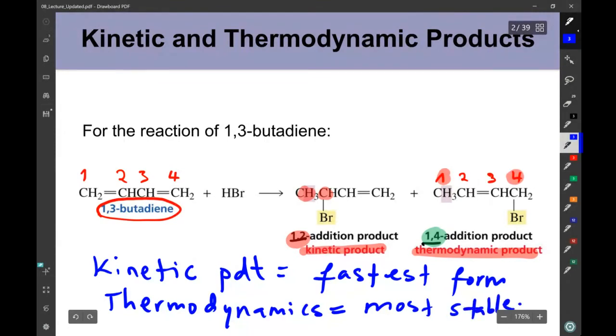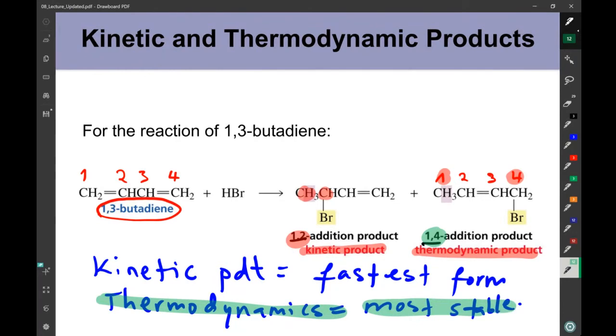So henceforth, whenever I ask you guys for the most stable product, I am indirectly asking you for the thermodynamic product, usually. But there are some situations, as we will see in the future, where the kinetic product is also the thermodynamic product. Does that make sense? So you need to keep that in mind.